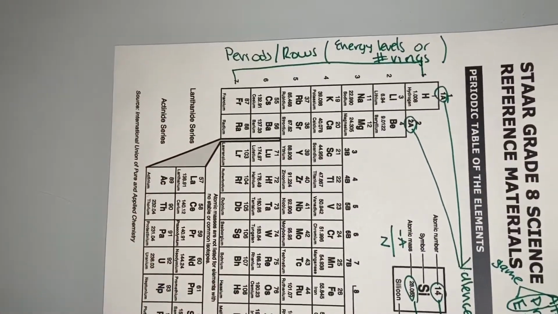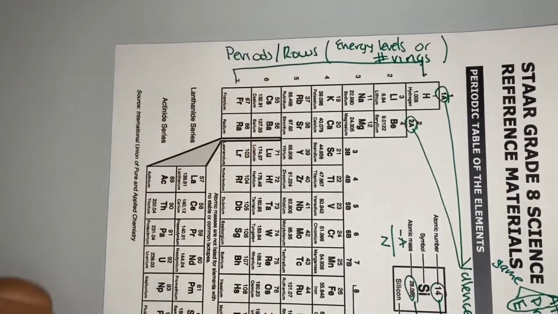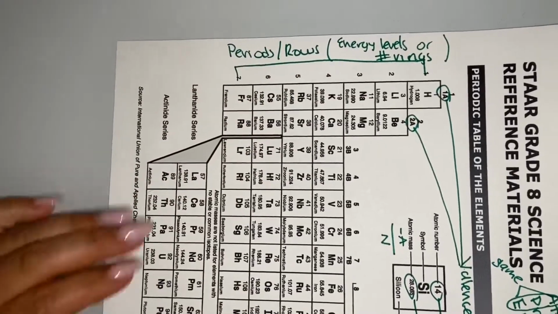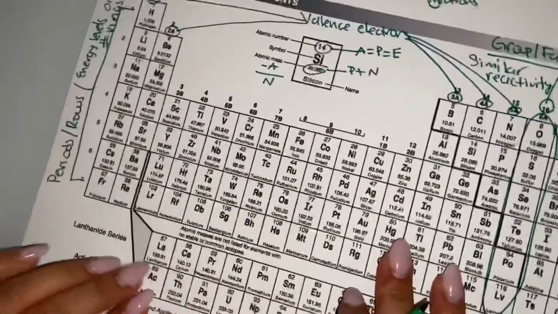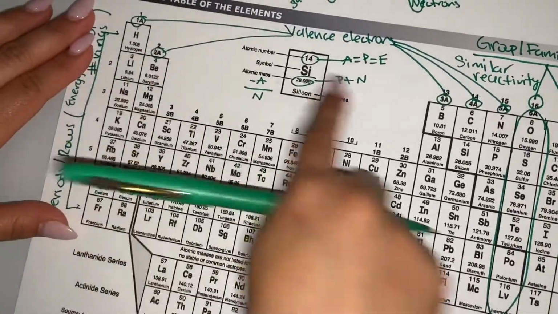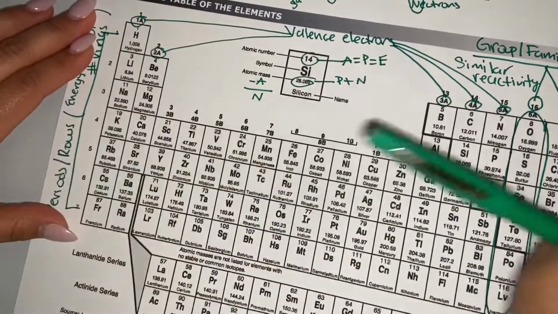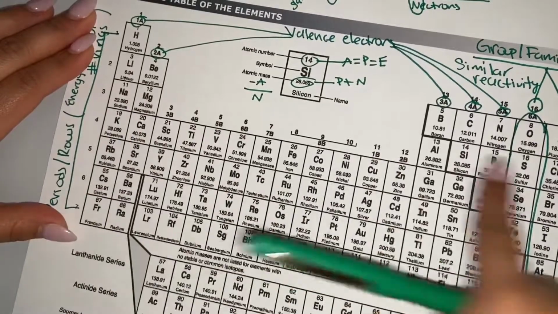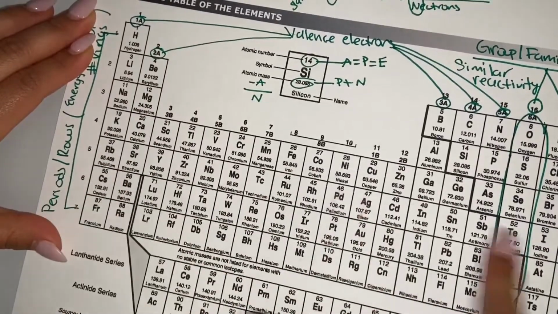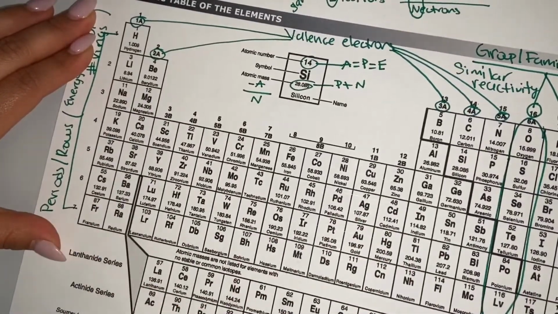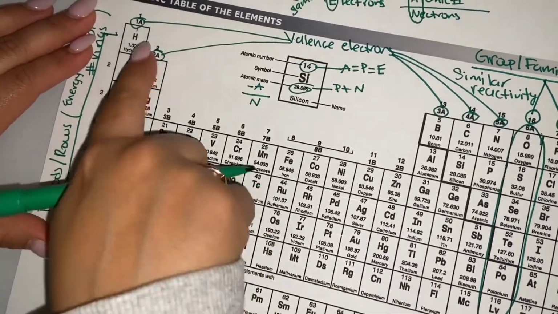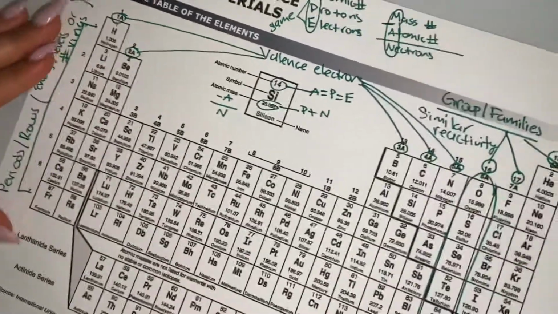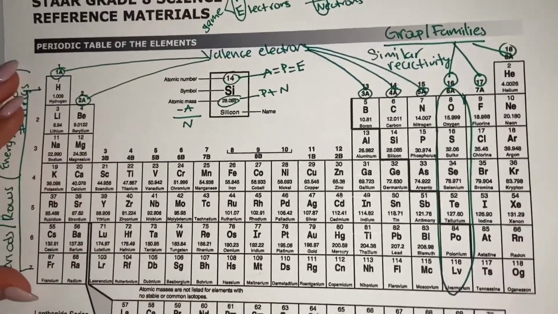They're going to tell you the number of rings or the energy levels. It is the same thing. Okay, now your periods are going to run this way. You have period 1, period 2, period 3, 4, 5, 6, and 7. You have a total of 7 periods, and you have 18 groups/families.